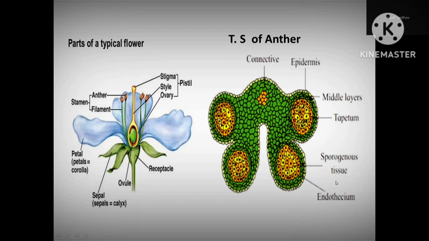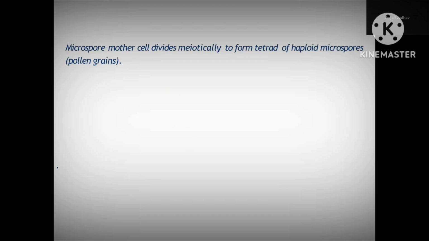Sporogenous tissue, another name is microspore mother cells or pollen mother cells. Microspore mother cell divides meiotically to form a tetrad of haploid microspores or pollen grains.